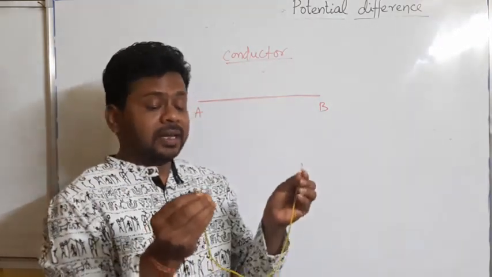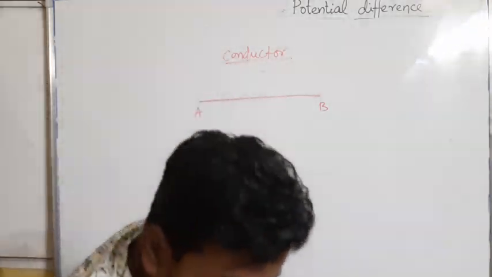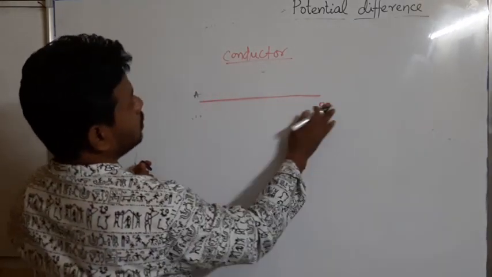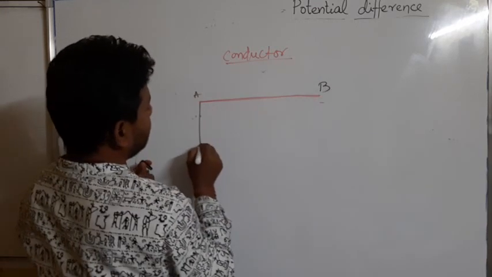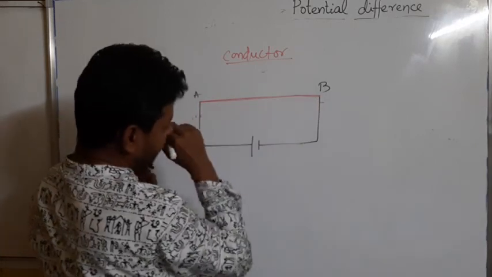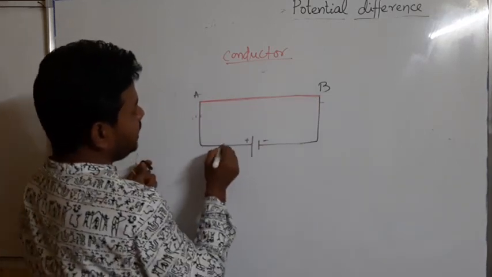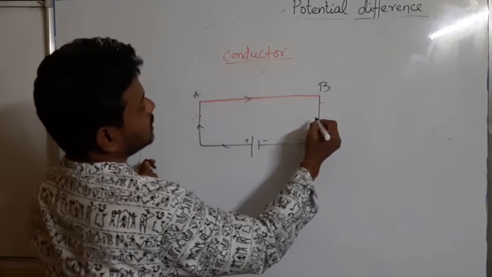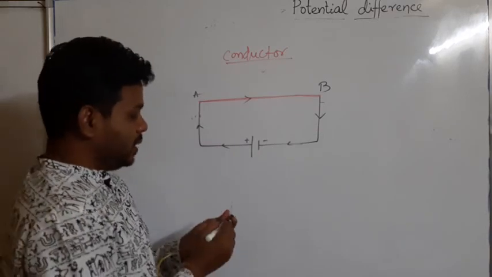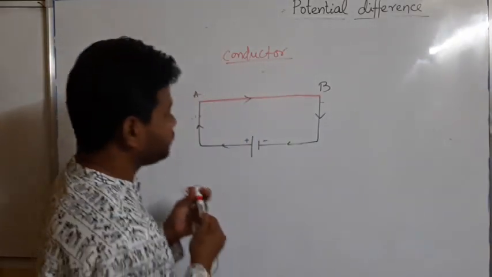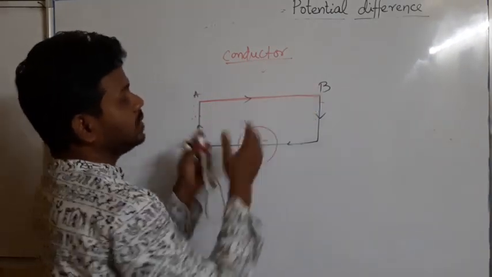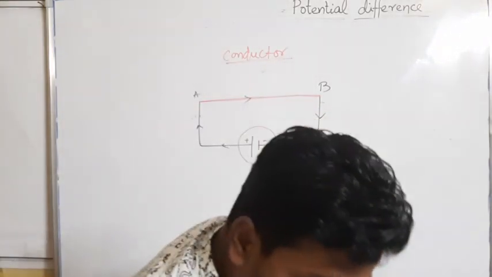But when this wire is connected to a cell, if the conductor is connected to a cell, definitely the current will start to flow from positive to negative, because this cell is maintaining the potential difference between the two ends of the conductor.